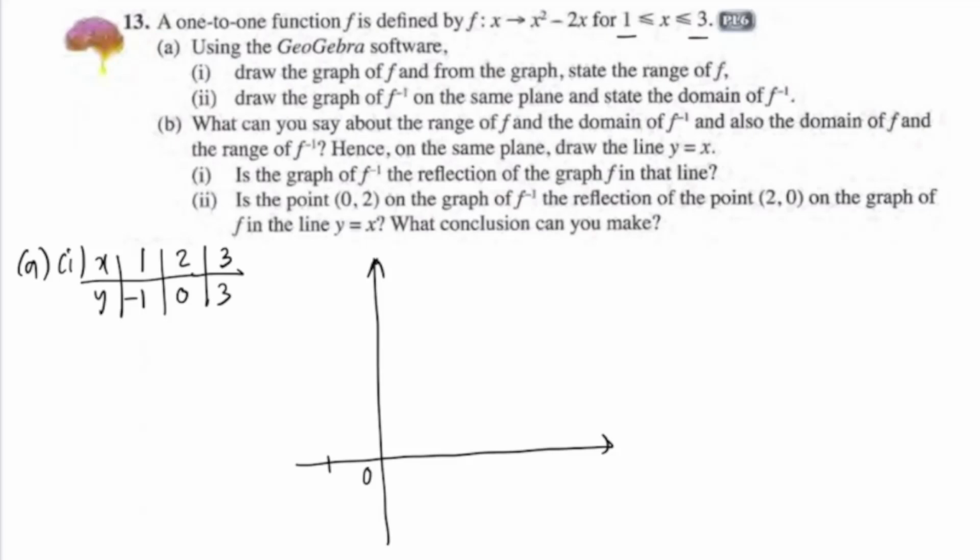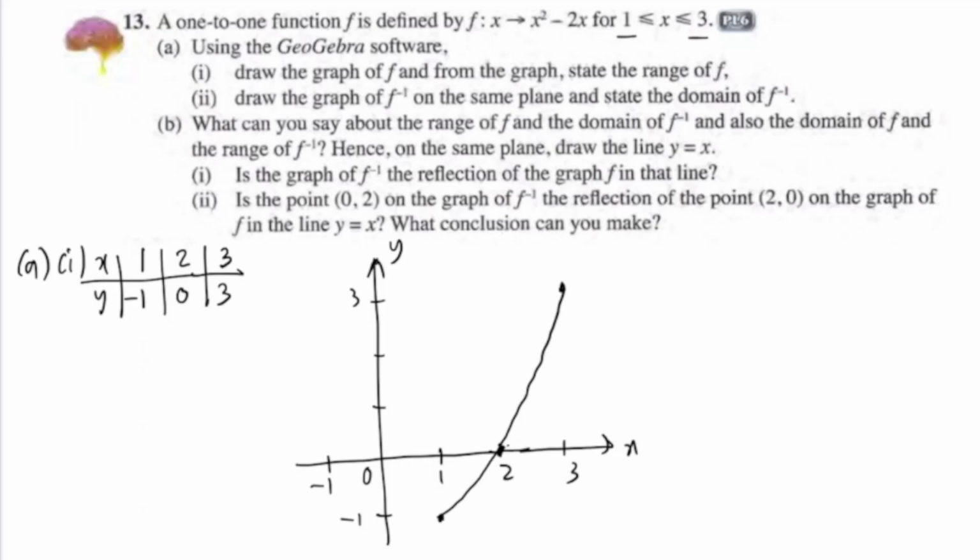I put minus 1, 1, 2, 3 on both axes. So the first point, 1 and minus 1, is over here; 2, 0 is over here; and the third point, 3, 3, is over here. You can see the 3 points. We just draw a curve. It's a quarter figure, so we know the graph looks like this. My 2 looks a bit ugly, so just fix this a bit.